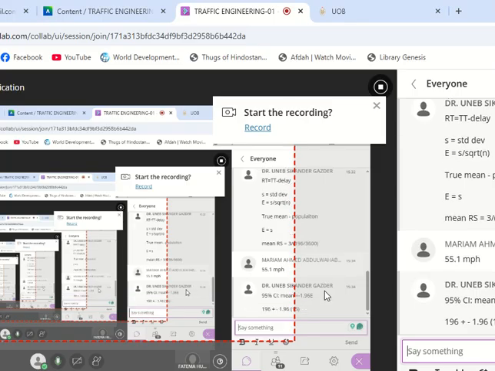So this will give me a 95% confidence interval of running time. How much is this?